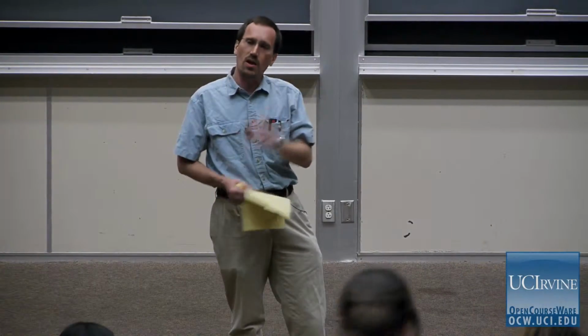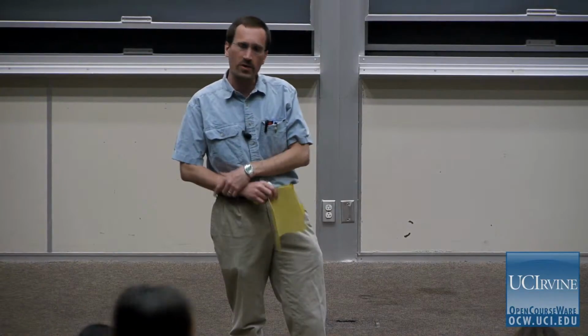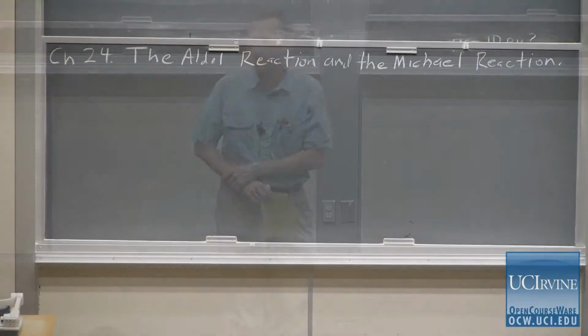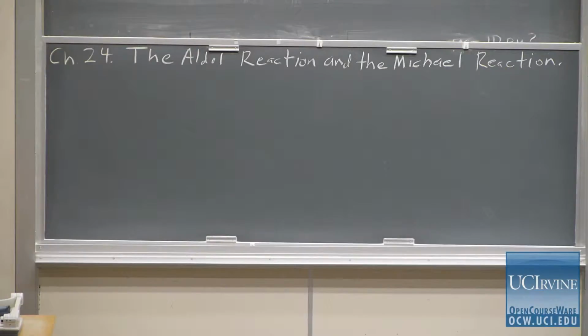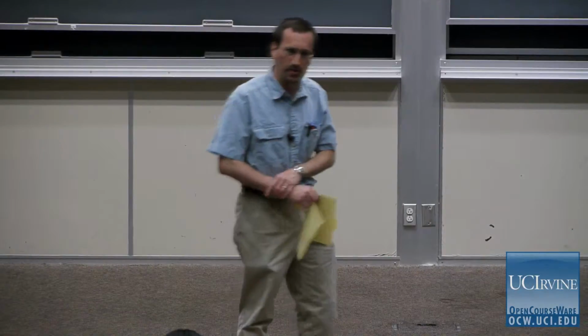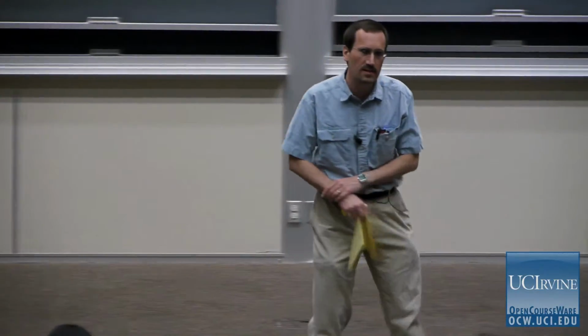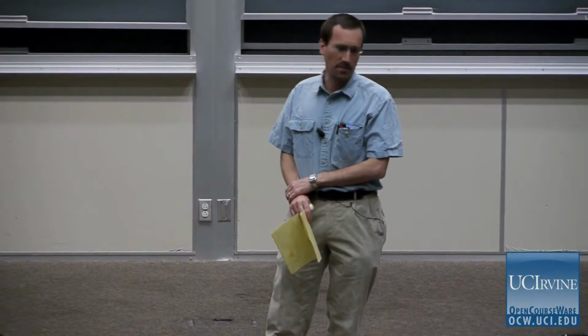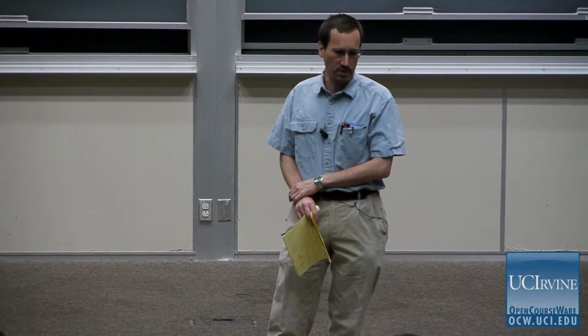And this is the carbonyl chemistry of various types of carbonyl condensation reactions: the aldol reaction, the Michael addition, the Claisen condensation, the Robinson annulation reaction, the intramolecular Claisen called the Dieckmann cyclization, the intramolecular aldol reaction.